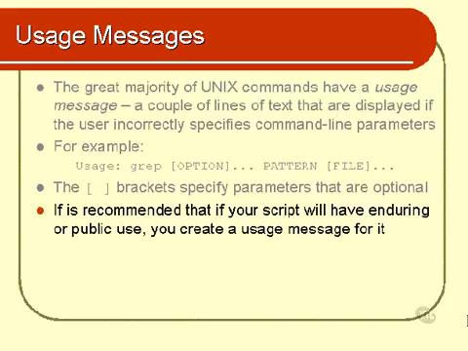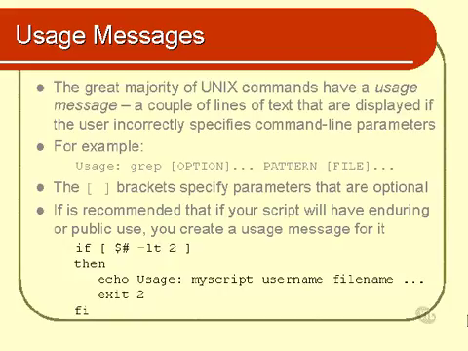So if you're about to create a script that will be used for quite some time in the future, or if you plan to release it to all of the users on your system, then you probably should create a usage message for it. And you might write code that looks something like this.